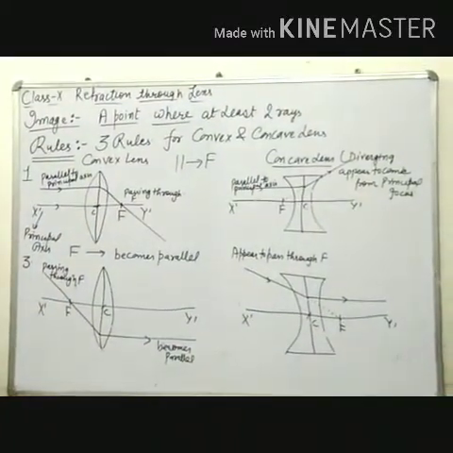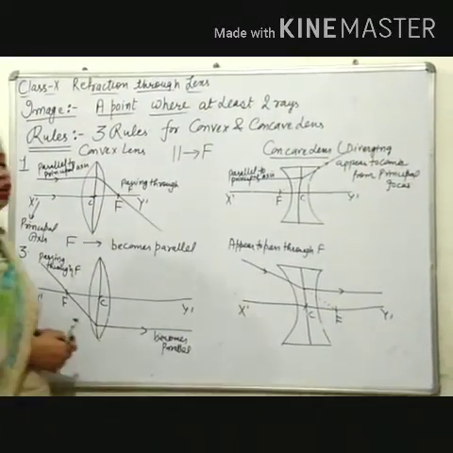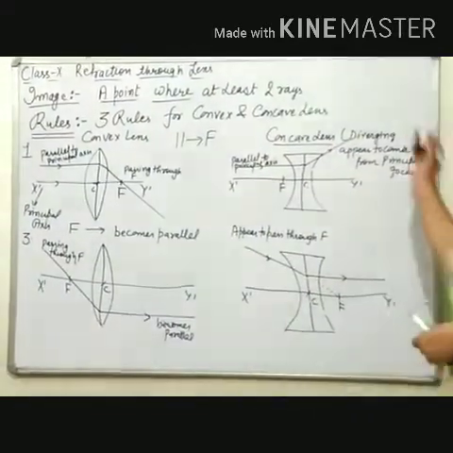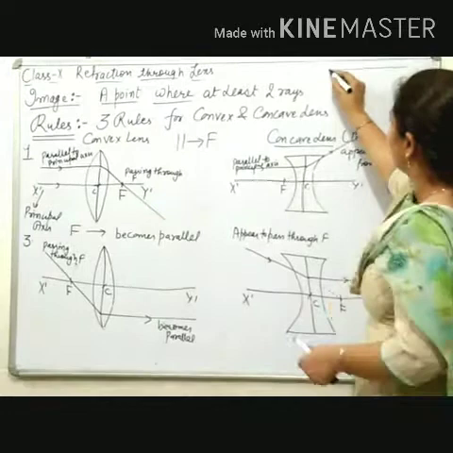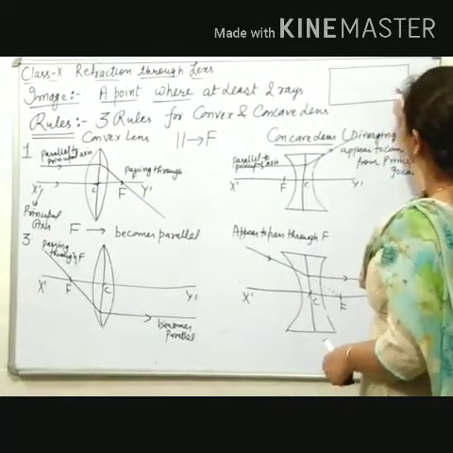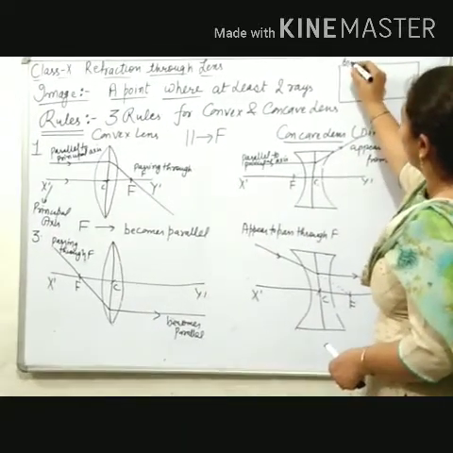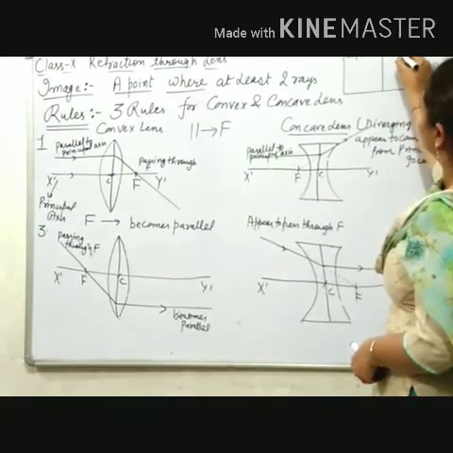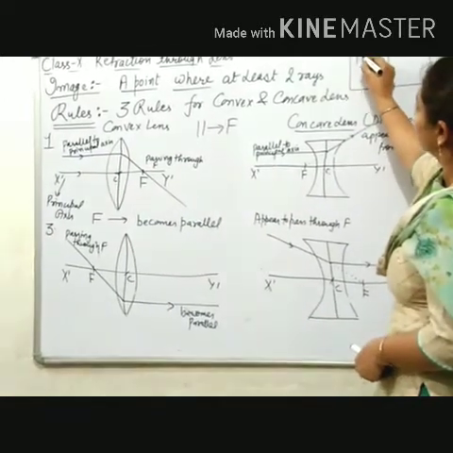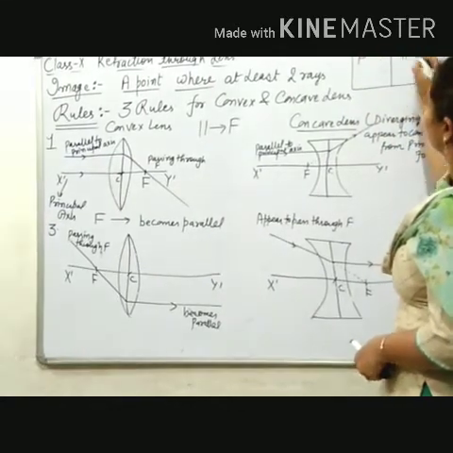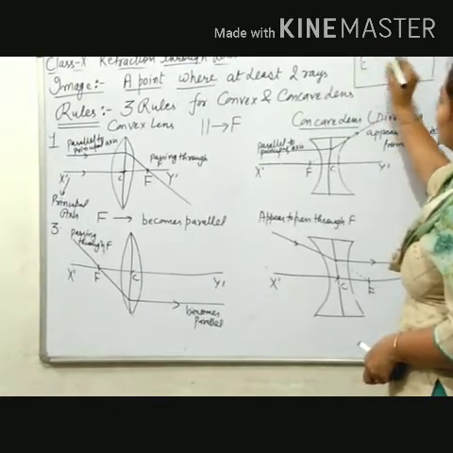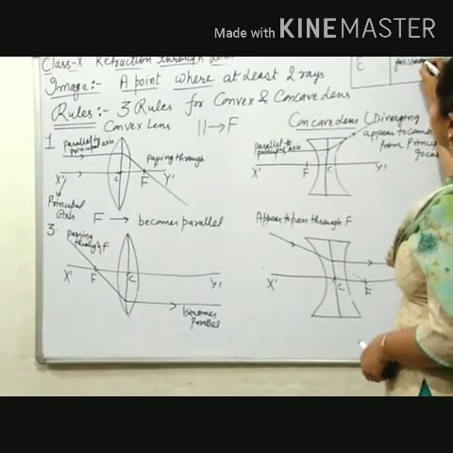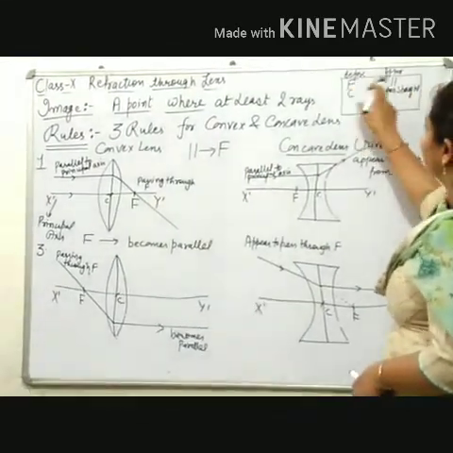So I have told you 3 rules regarding image formation using convex and concave lens. These rules can be tabulated in this way: before refraction, and after refraction. If it is passing through focus, it becomes parallel. If it is passing through C, it goes straight. Now take its inverse case.